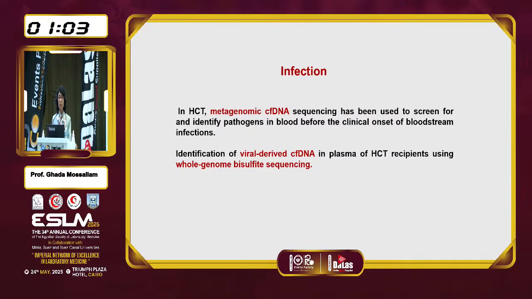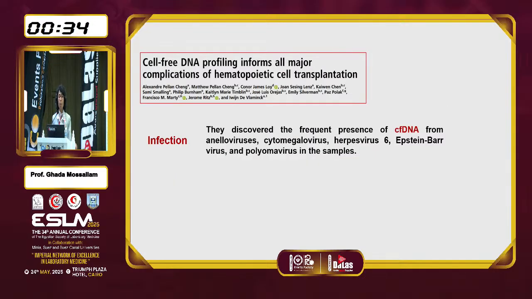Final complication, infection. In transplantation, metagenomic cell-free DNA sequencing has been used to screen to identify pathogens in blood before the clinical onset of bloodstream infections, before the development of septicemia. Identification of viral-derived cell-free DNA also in plasma of transplanted patients may be applied using the whole genome bisulfite sequencing technique.